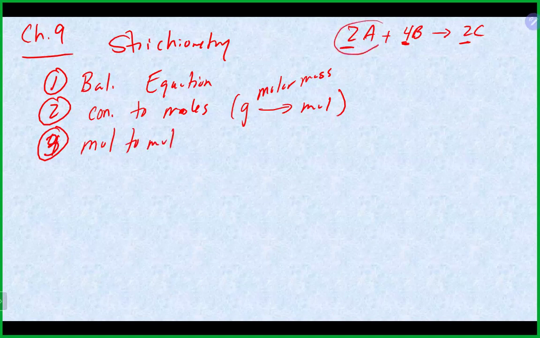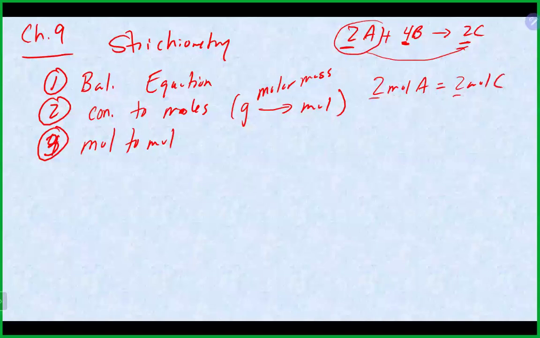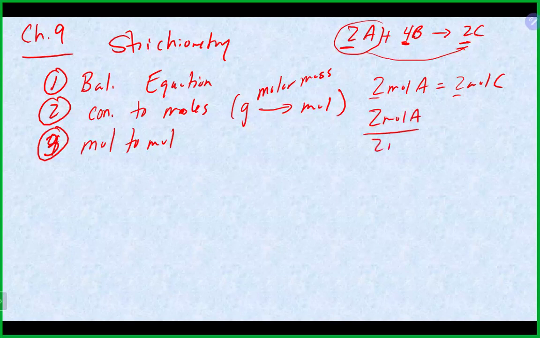For example, if we had information about A, but ultimately wanted to get over to C, we could go 2 moles of A is equal to 2 moles of C. Those are just the coefficients from the balanced equation, which is why it's important to make sure the equation is balanced. That will give you 2 conversion factors, and you will only use one depending on what your problem is asking for. That's basically what stoichiometry is, just a conversion factor.